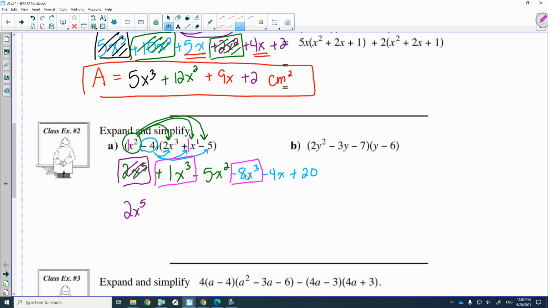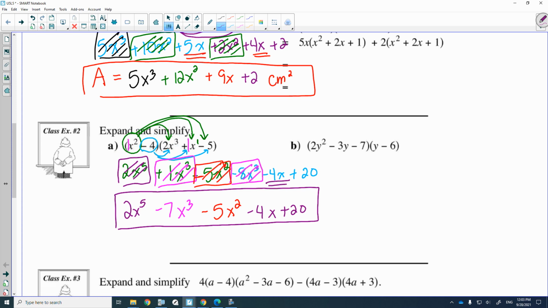And that would give you, yes. Thank you. Okay. This was a negative 5x squared. Anything to join it with? Nope, bring it down. And then there was no other x's to join that, no other like terms, and my constant would be plus 20. That would be your answer.